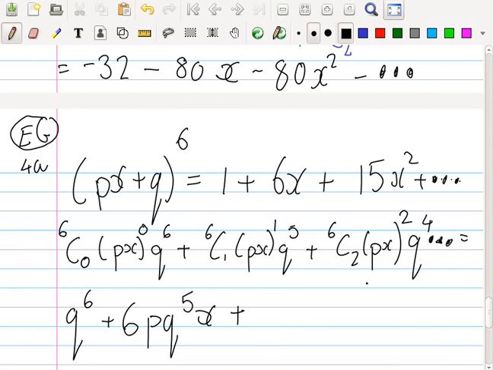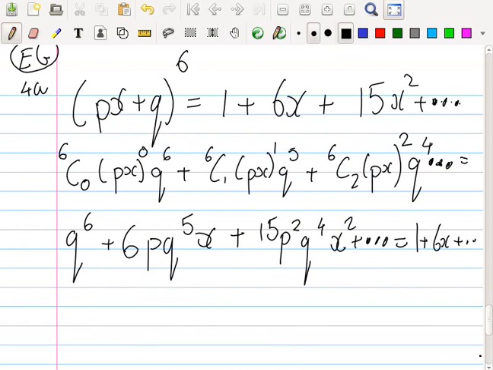Tell me what 6C2 is. 15. 15p squared q^4 x squared plus dot dot dot equals 1 plus 6x etcetera.